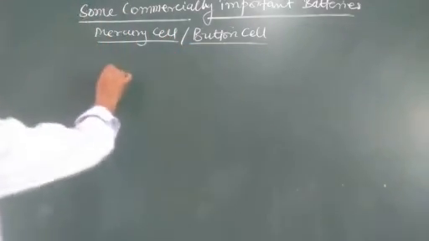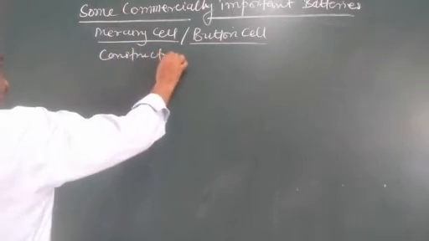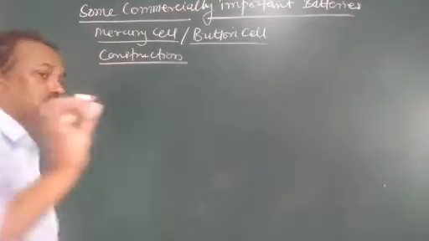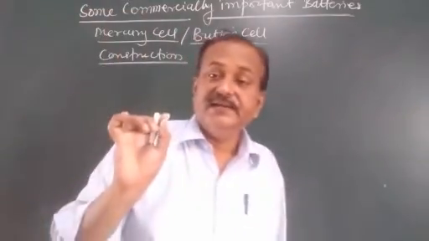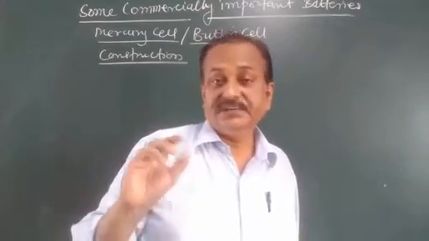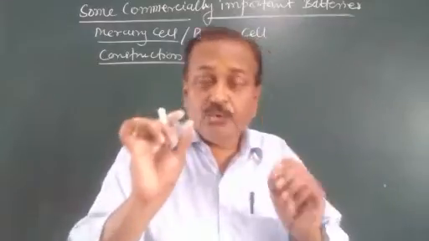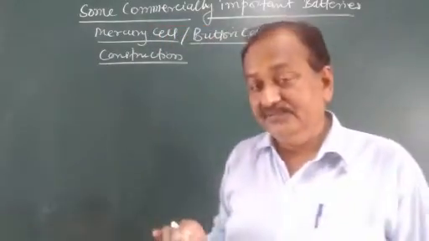Now you see the construction. As they are very compact, it is very difficult to see, but naturally we will see how it is made. Actually, these mercury cells are enclosed in a steel jacket.